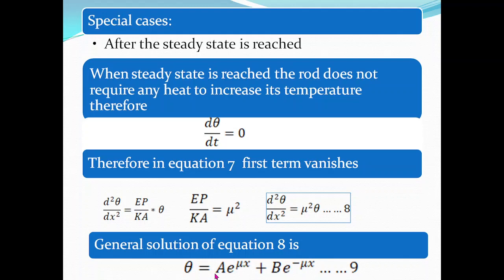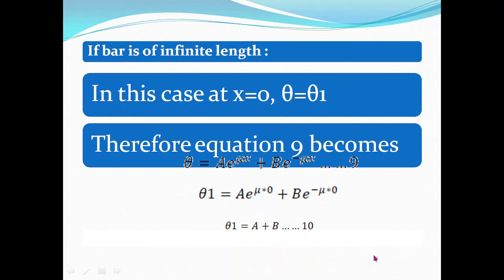However, a and b are constants to be determined using the boundary conditions. The boundary conditions are different for different situations, and therefore two special cases arise.